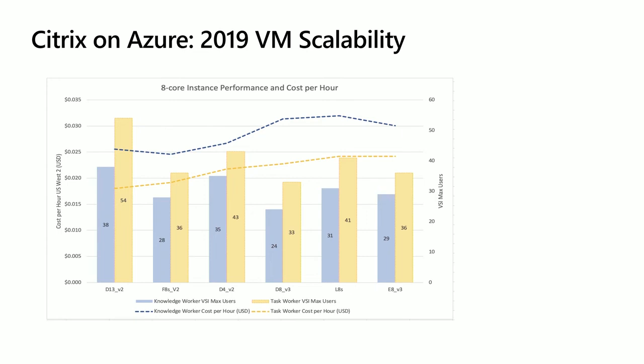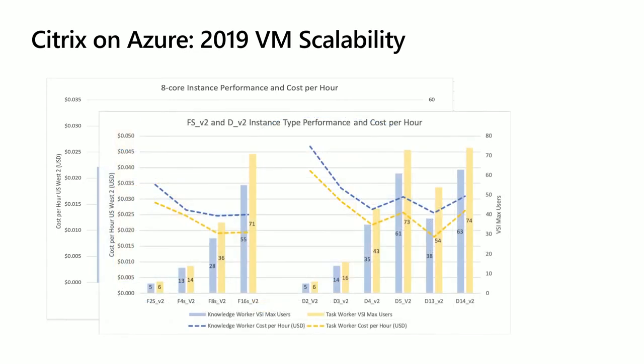Then we went in and did more testing and said, I want to test all the instance types in the series. And you can see F8 and F16, they're exactly the same price. It's very linear because you're blocked at the CPU first before the memory. They don't have it off RAM. As opposed to, my cheapest price point in here is the D13 V2.